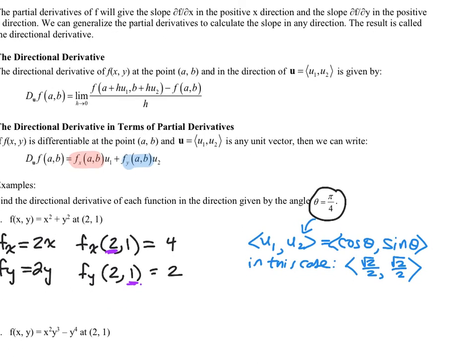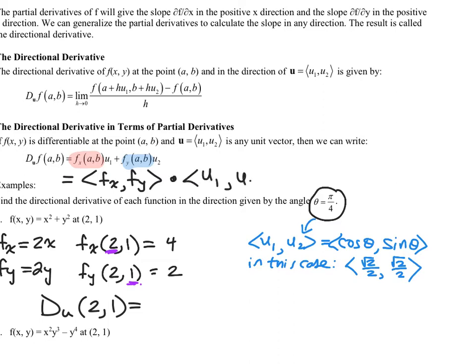And so my directional derivative, D sub u, at (2, 1) is going to be the dot product between those partials and my unit vector, right? So if we're looking at f sub x, comma, f sub y, and my unit vector u sub 1 and u sub 2, the directional derivative is the dot product between those two quantities.